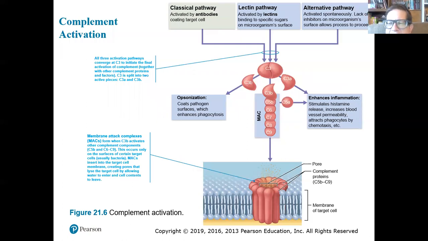That forms a rod, and that rod goes into the membrane. The one next to it, the one next to it, until you have a hole through the middle of the membrane. Think like a tunnel, and water can rush in, and the bacteria will swell. It'll explode as it fills with water.